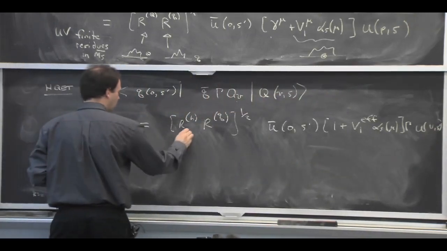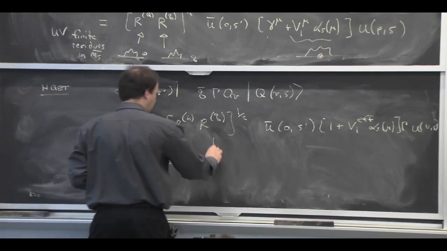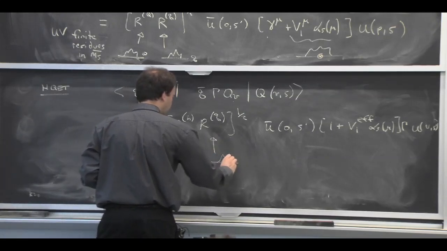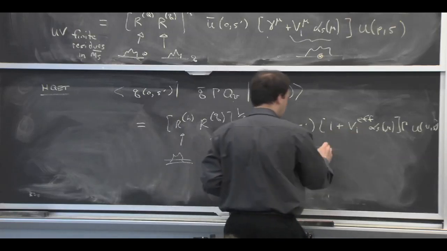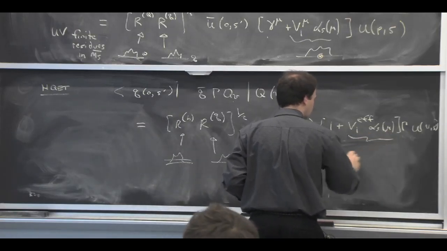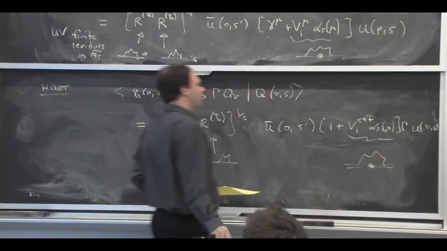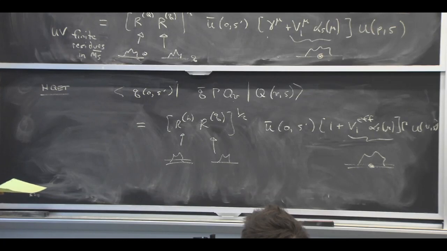So this guy here is this finite piece of this graph. This guy here will be the same as above. And this guy here is the heavy quark vertex graph, which is independent of the spin structure. It's not independent of the spin structure up there.